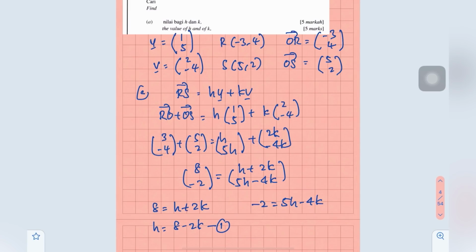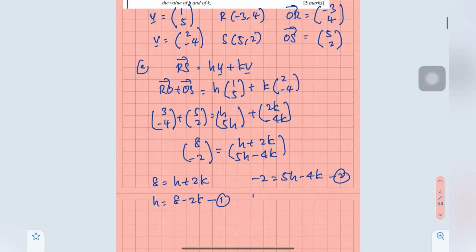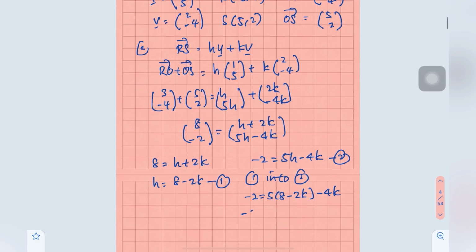Ni equation 1. This one equation 2. So then 1 into 2. So kita akan dapat negative 2 equals 5 times 8 minus 2k minus 4k. And so then we simplify this one, become negative 2 equals 40 minus 10k minus 4k.